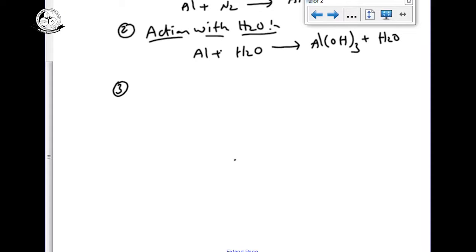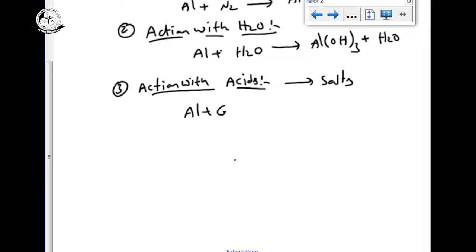Third one, action with acids. Aluminium reacts with acid to give the corresponding salts. For example, aluminium on reaction with concentrated HCl liberates AlCl3 plus hydrogen gas.